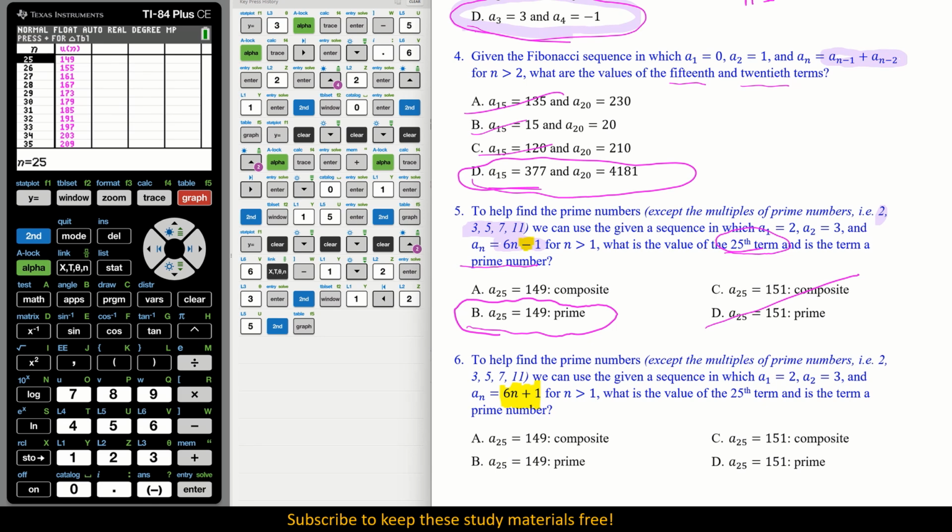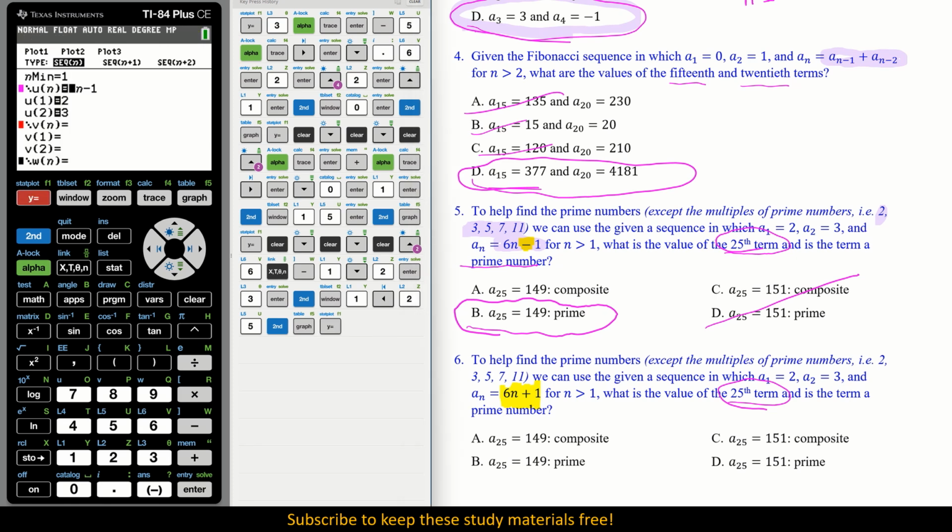So everything is the same, and they still want us to look at the 25th term, and is it prime or composite? Well, it could be 149 again. Well, let's go see. You know what? I'm going to do it in this next one.